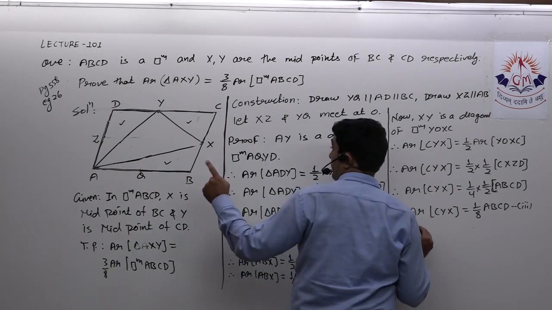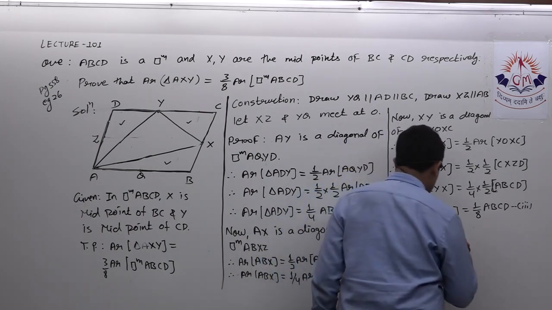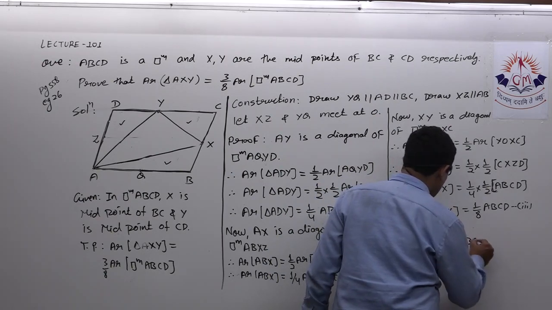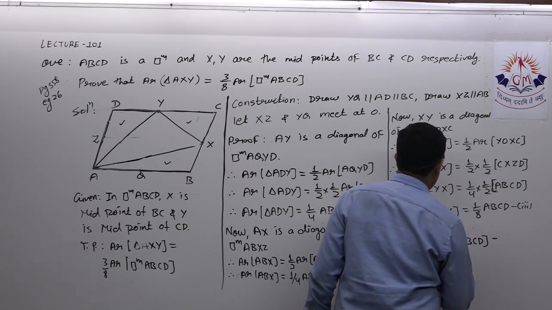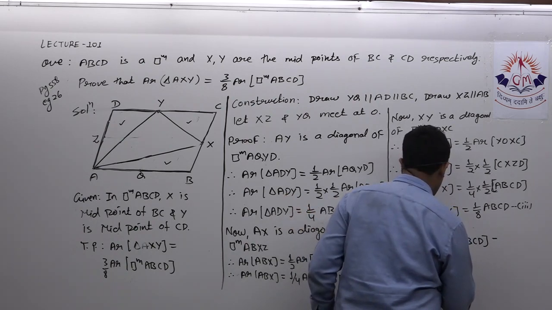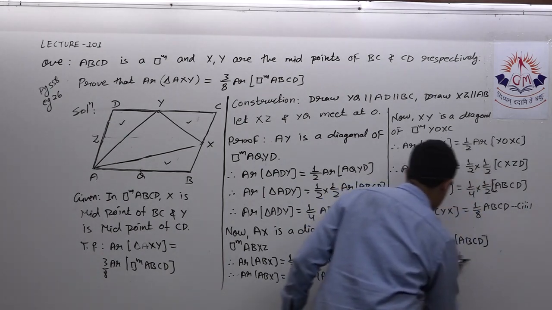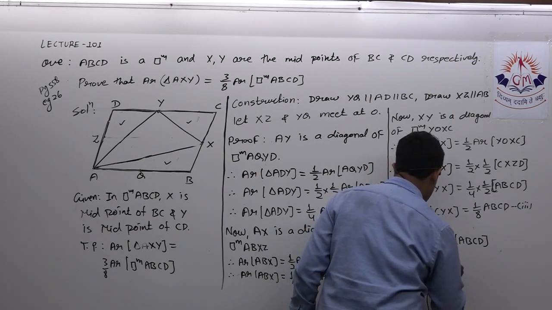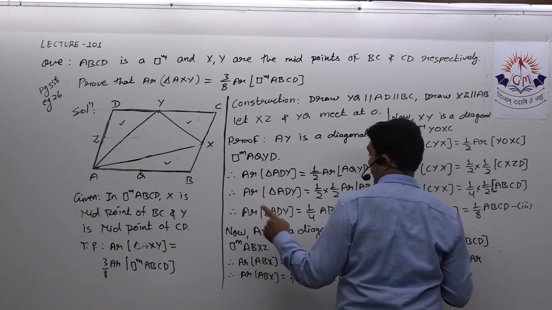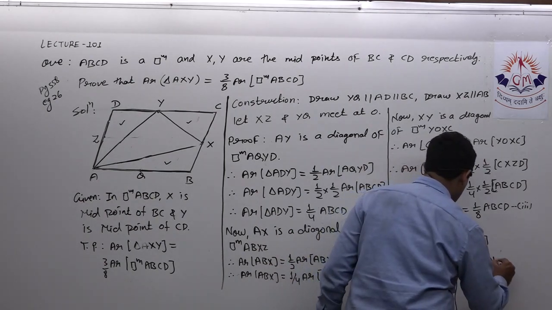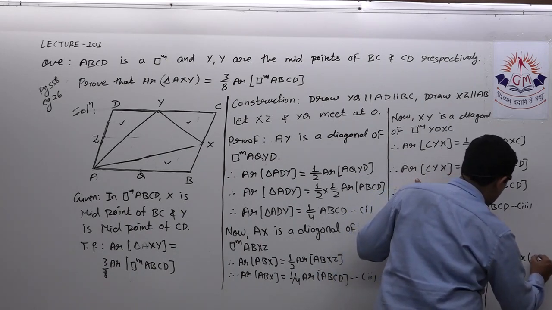So now area AXY is equal to area ABCD minus area ADY plus area ABX plus area CYX.